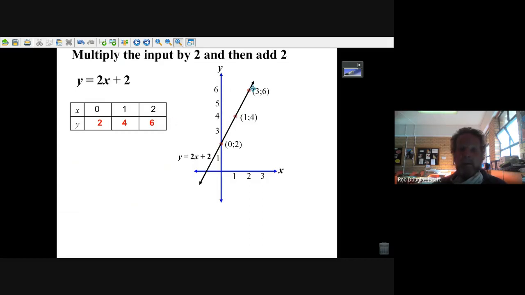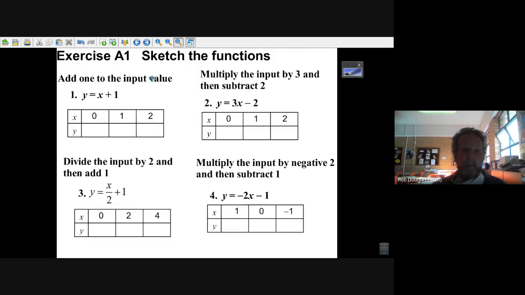And then 2 in the x direction and 6 in the y direction, 2 and 6. 2 along and 6 up, 1 along and 4 up, 0 along and 2 up. So the first number is back and forth. The second number is up and down. Well, that's how you do each one of these questions that I'm going to give you right here. I give you the rule, I give you an equation, I even tell you what to put in for x. Well, you've got 3 functions to sketch.